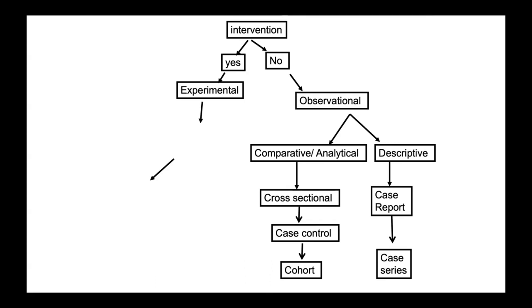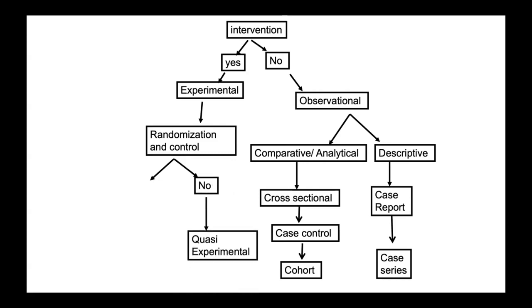On the other hand, when it is experimental, when it is animal, it is called an animal study. When it is human, it is a randomized control trial. Randomized control once again: if there is quasi, there is control or not control, one parameter missing, that is quasi; or if yes, then it is called randomized.